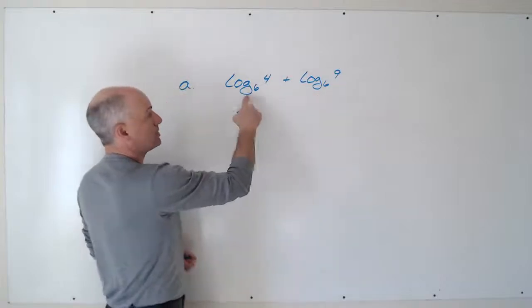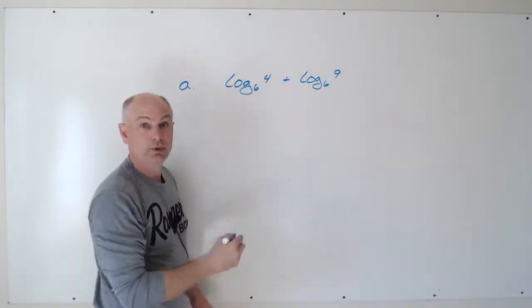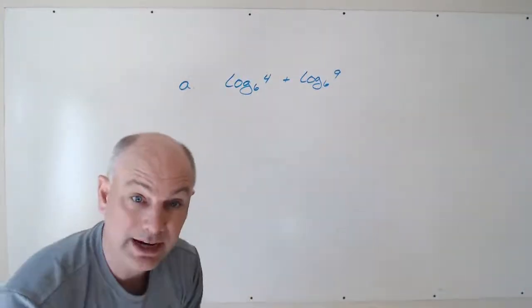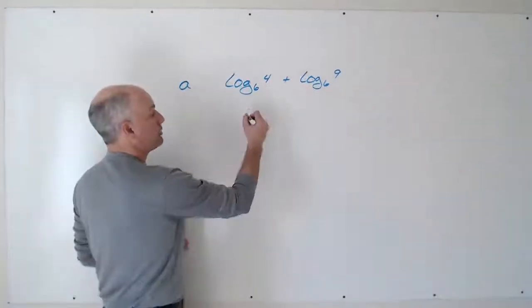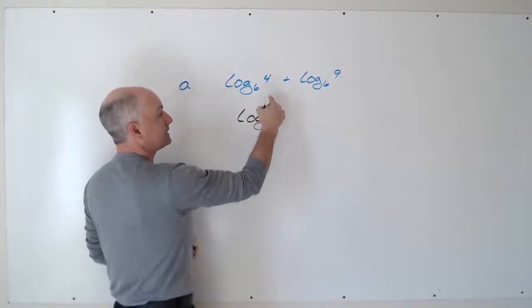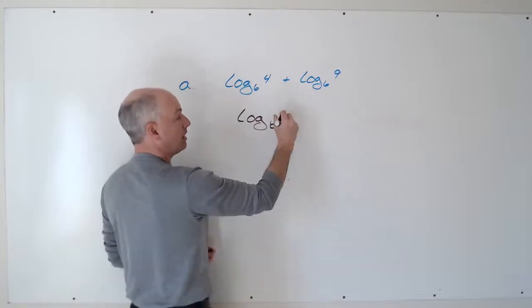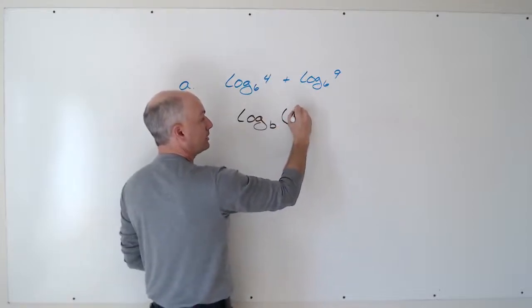So what we're seeing here is an addition of two individual logarithms, which would allow me to bring them together as one logarithm. So I can say it's the log base 6. Adding the logarithms tells us it's a log of a product.